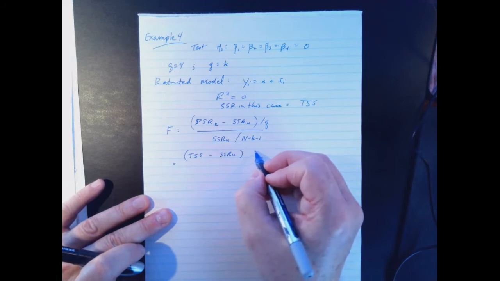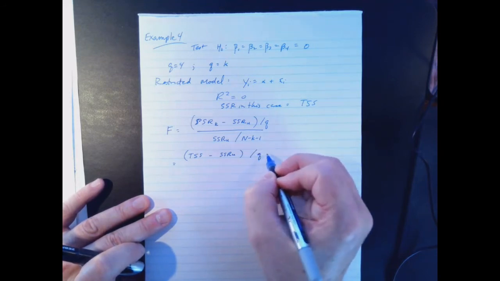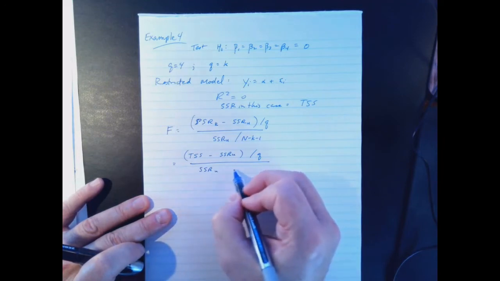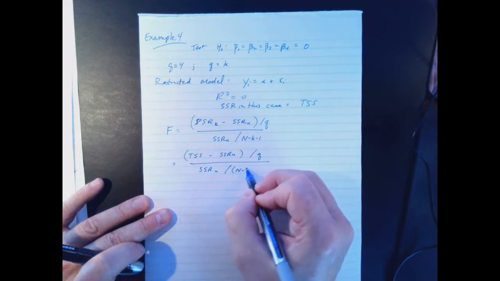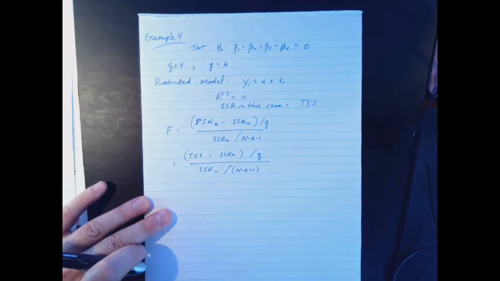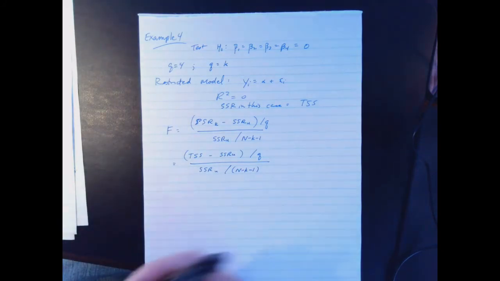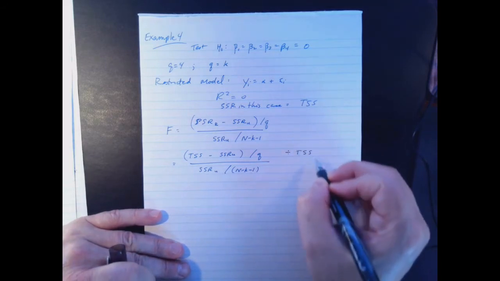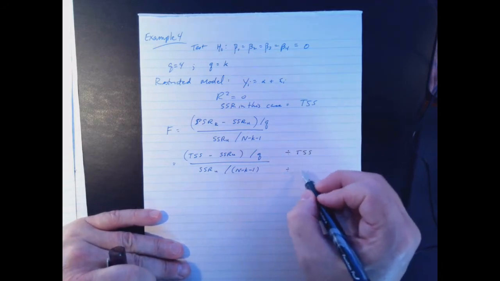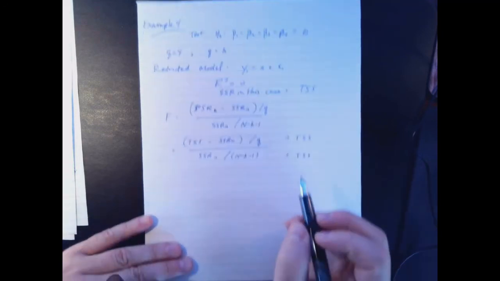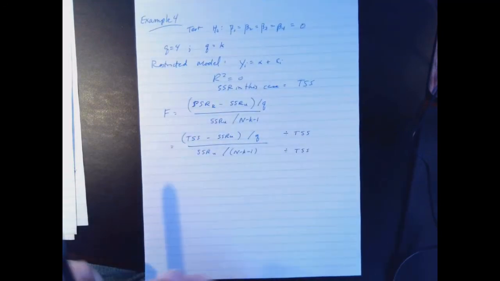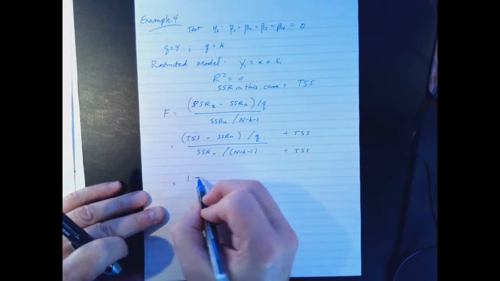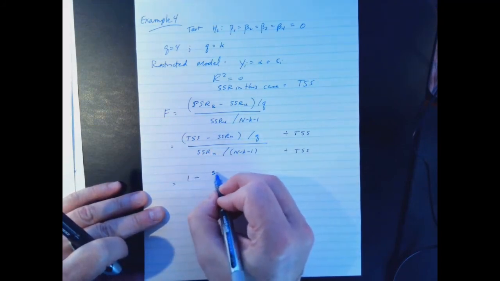Okay, and then we divide by Q. And we have the sum of the squared residuals in the unrestricted case, and we divide by n minus k minus 1. And now what I'm going to do is divide the top by the total sum of squares and divide the bottom by the total sum of squares. And then that gives me 1 minus the sum of the squared residuals.